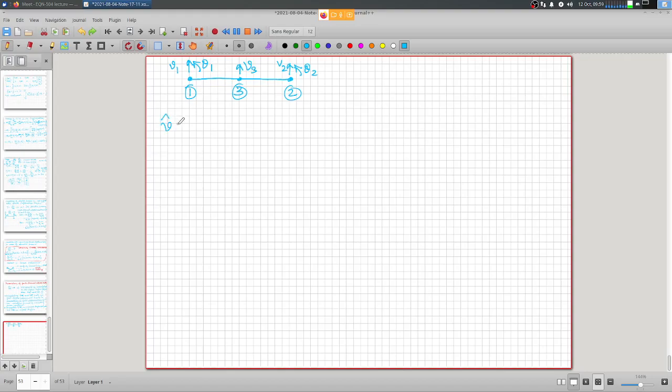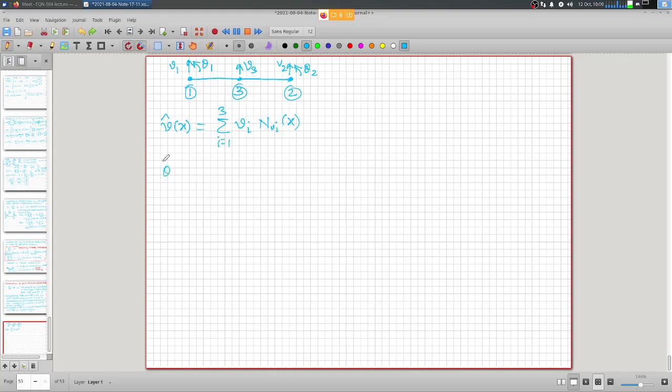So V hat of x is defined as the sum for i equal to 1 to 3 of Vi Ni. Ni represents the interpolation function corresponding to V, and both of these are second degree interpolation, right?